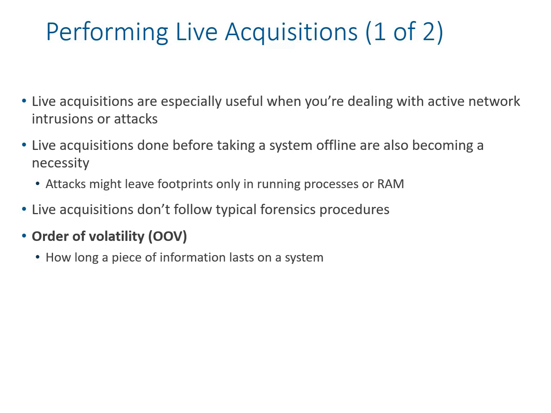Attacks might leave footprints only in the running processes or RAM, since it keeps certain information, such as the processes of different tasks or the scripts that they are running. You can get those details from the RAM. Live acquisition doesn't follow the typical forensics procedures. You can follow the things which suit your environment the best. Then we have the order of volatility.